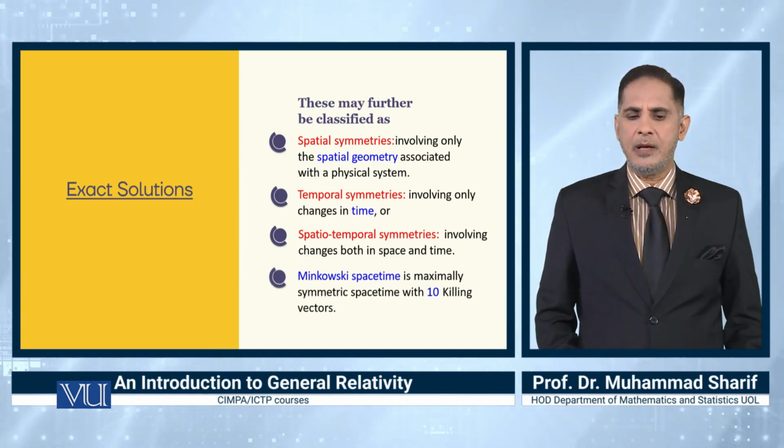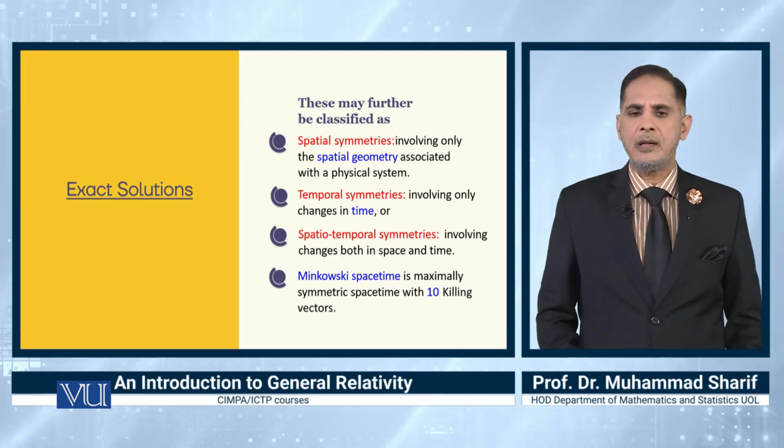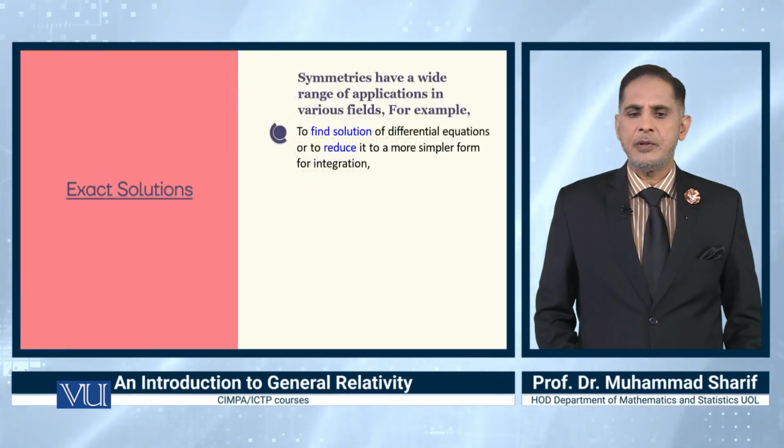Minkowski space-time is the well-known example having maximum space-time symmetries with 10 Killing vectors. So, if you have more Killing vectors, it means you are going to end up with some easy space-time. Symmetries have a wide range of applications in various fields.